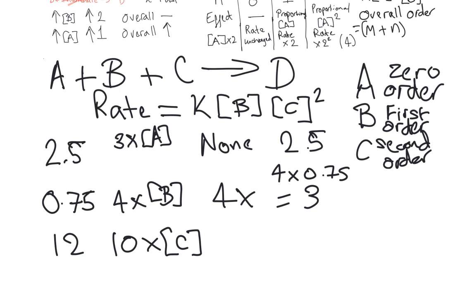And then we're squaring that, because in the rate equation up here, C is squared. It's to second order, so it's to the power of 2. So what does that mean? Well, it means 10 squared times larger. 10 squared is 100. So it's 100 times larger. So we've got 100 times 12, which is 1,200.